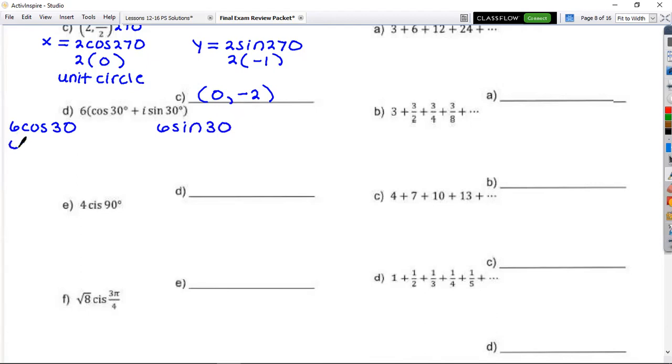So 6, and the cosine of 30 is radical 3 over 2, so this is going to give me 3 radical 3. The other side is 6 times 1/2. I just have to include the i on this. So my answer is 3 radical 3 plus 3i.